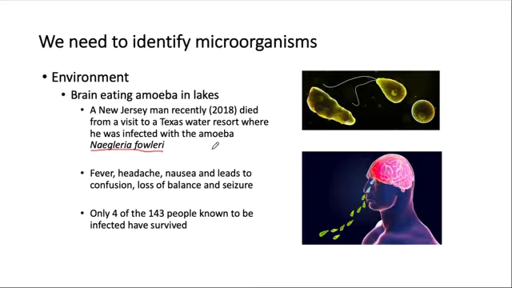Of the over 140 cases that we have known, only 4 people have so far survived this particular protist. So if you're able to identify this microorganism in an environment, then those that live in that area can be warned about it, and you will know the risks involved if you decide to swim in such water.